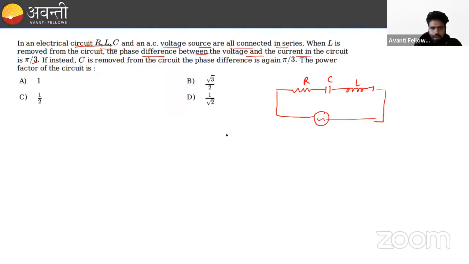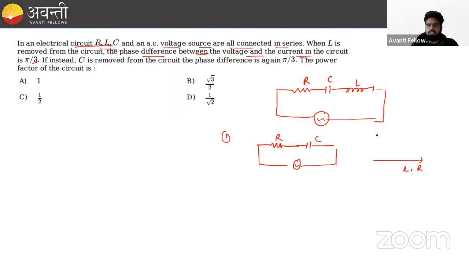So according to the condition, if we remove L from this circuit, this will become R and C, and this is the AC source, correct? In this case, we know what will happen here. Suppose this is the phase of the current I and this is the resistance R, and this is the phase angle made by the impedance triangle. What is tan phi in the series LCR circuit?